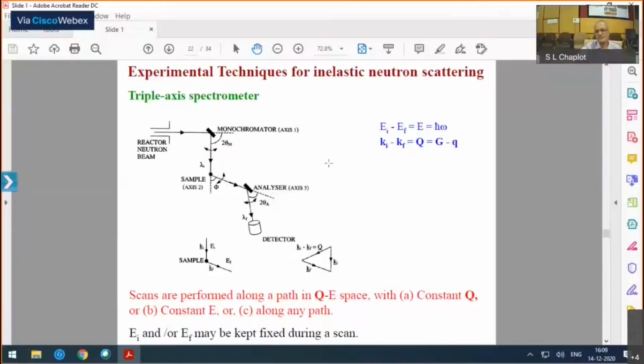What I mean by multiple scattering here is the following. Let's say my scattering cross-section is, say, 10 barns. A barn is 10 to the power minus 24 centimeters square. Now, in a typical sample with about 5 millimeter thickness, or around that number, the scattering is about 10%.